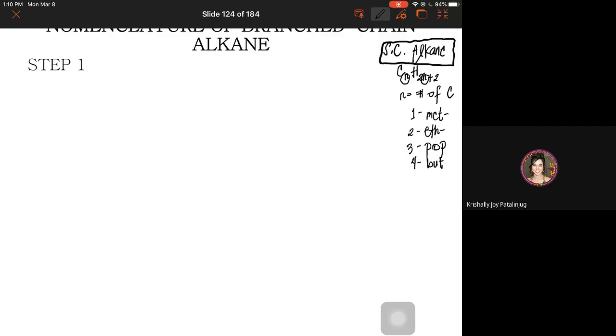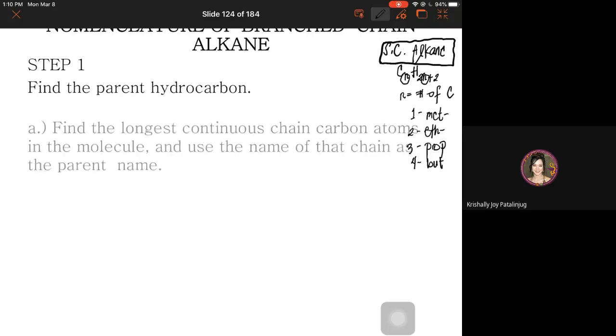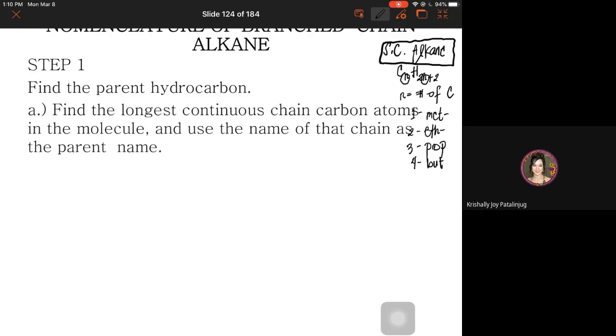Now, for branched chain alkanes, we follow systematic steps set by the IUPAC. We begin with step 1, in which we have to find the parent carbon chain, or the parent hydrocarbon chain. This is equivalent to the longest continuous chain of carbon atoms.